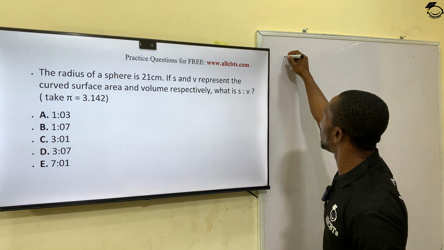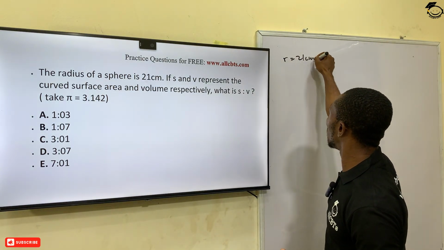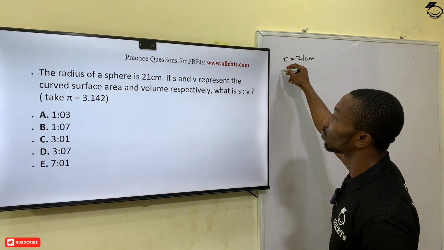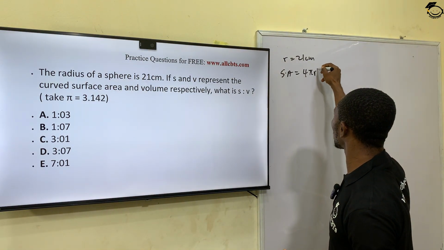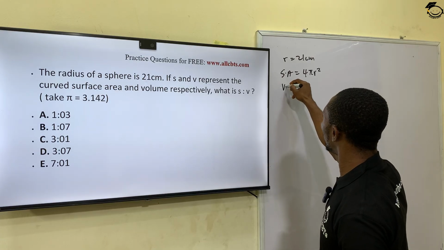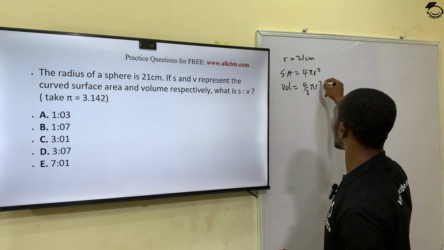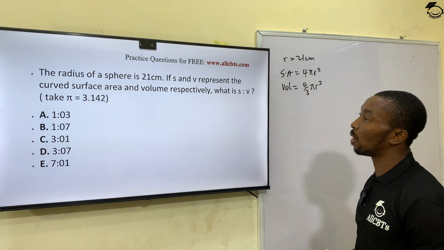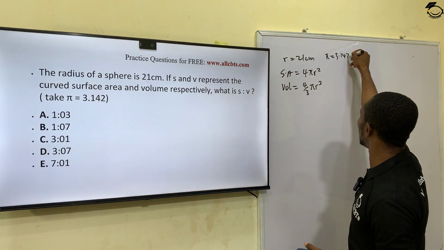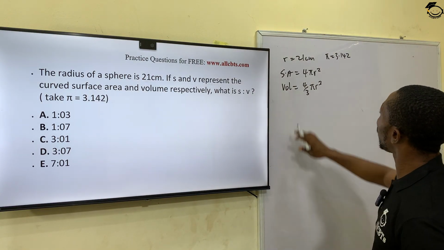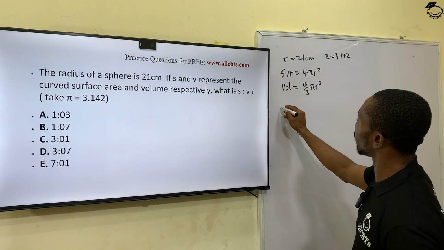Now, we have our radius is 21 centimeter, and we have the curved surface area of a sphere to be 4 pi r squared, and volume to be 4 over 3 pi r cubed. Now, having this, we are told to take pi as 3.142. All right, now we have our radius, we have our pi. We can find out our surface area.